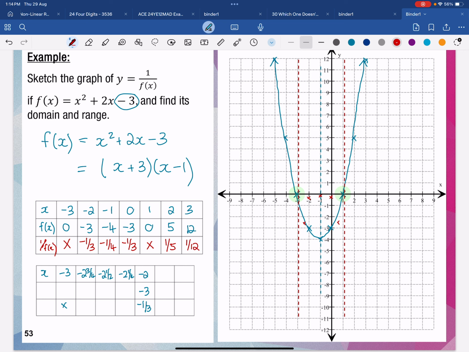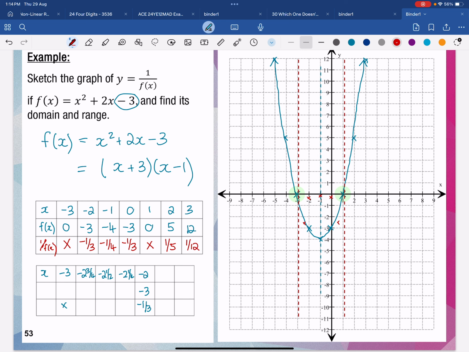and so as f of x approaches 0, so that means f of x is very small, so I'm looking at the x values between -3 and 1, the f of x values are negative. The reciprocal will not change that. 1 divided by a negative number will still be negative.